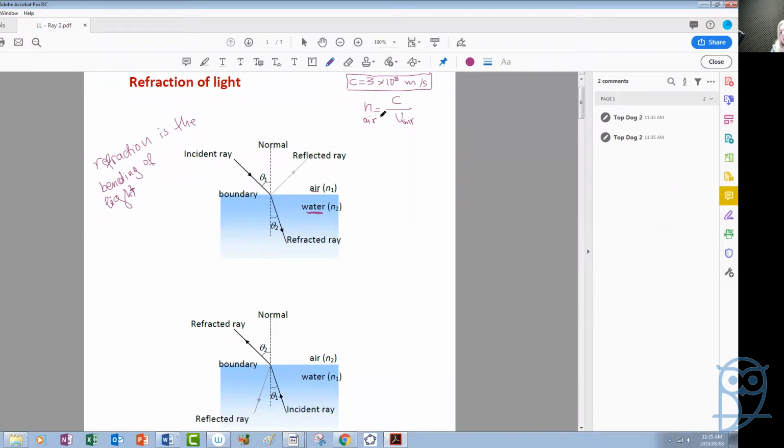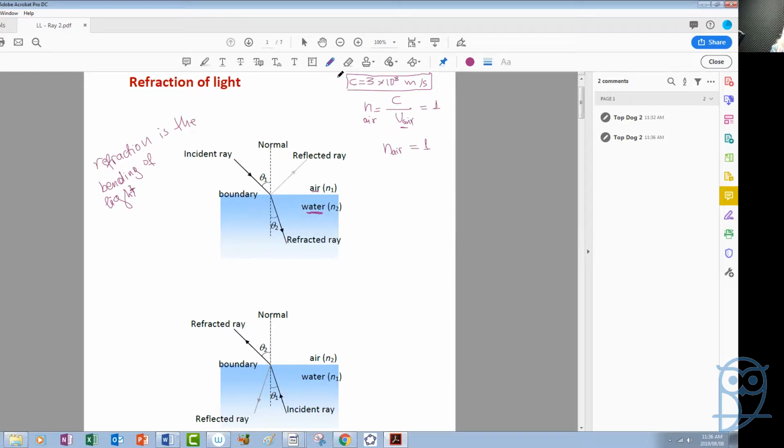But light in air travels practically at the same speed as in vacuum. So for air, this is equal to 1 because we take that this speed is practically equal to this one. It's very nearly the same for all practical purposes. So fortunately, the index of refraction of light in air, we take as 1, as much as it is in vacuum.